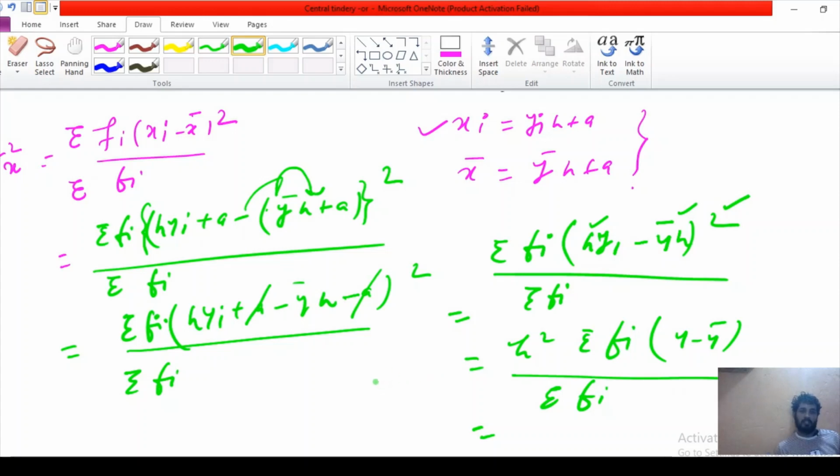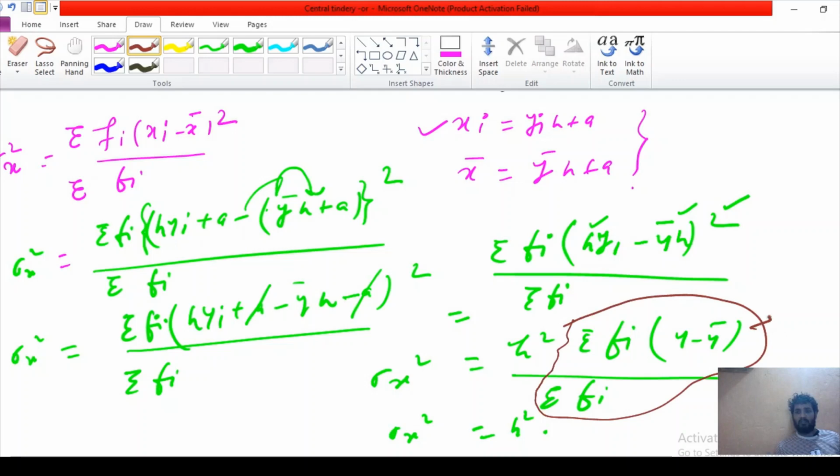This is our sigma x square, the variance in terms of x, and h square is a constant, and this other part is the variance in terms of y, sigma y square.